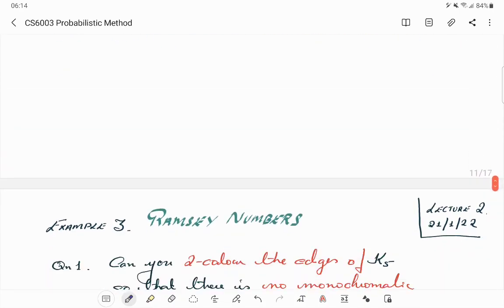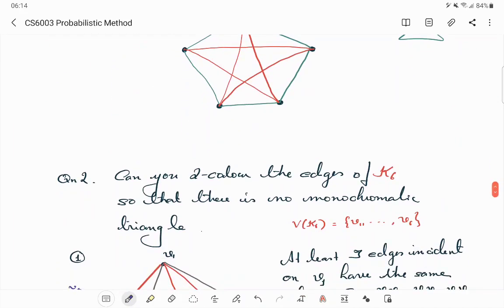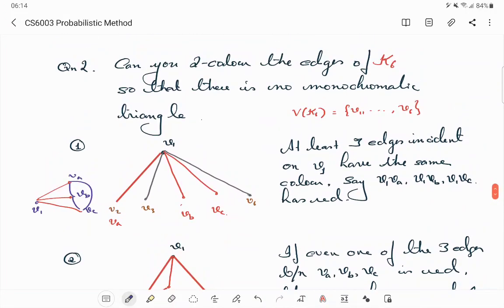That's because it's a yes answer, so giving one coloring which satisfies the condition is enough. Whereas in the answer to question 2, we had more of a proof by cases. Instead of trying to run through all the 2 to the power 15 cases, we used a very clever and systematic approach to attack it.